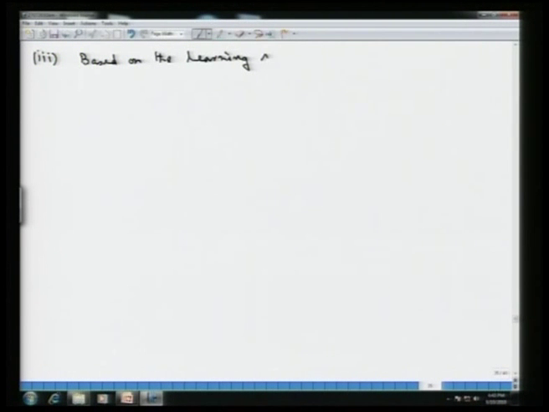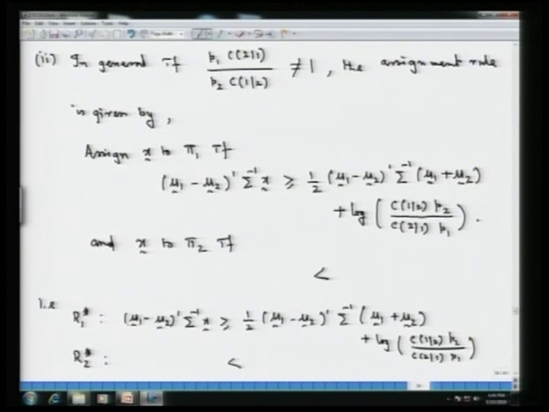Based on the learning sample, the sample of pre-classified cases, say L, we get the estimate of this particular region. The thing that we do here is to find the estimator of mu 1, mu 2 and sigma inverse.